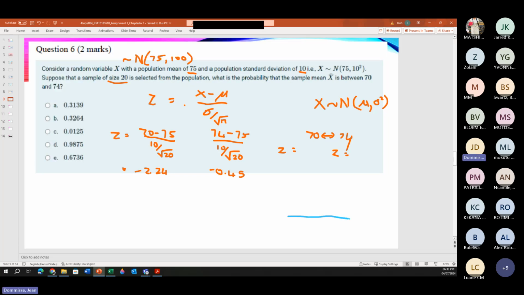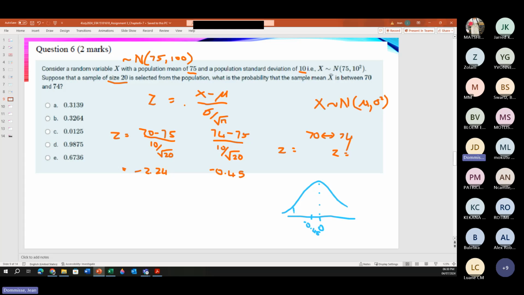Okay, so Z0. So there, let's say that is minus 0.45.